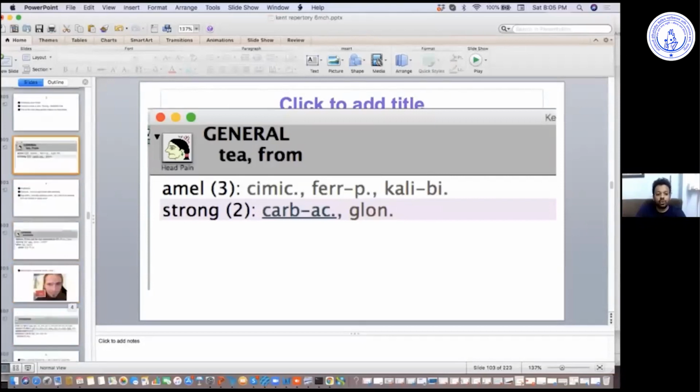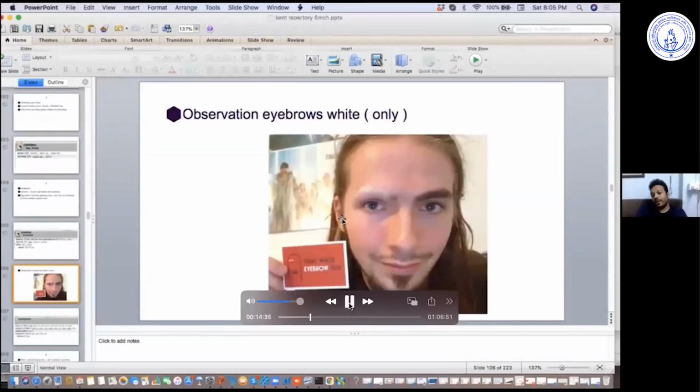Okay, next I'm going to show you a picture and you have to tell me the rubric, okay? What is the rubric? Find out. Tell me. See very carefully, huh? Not just like that.